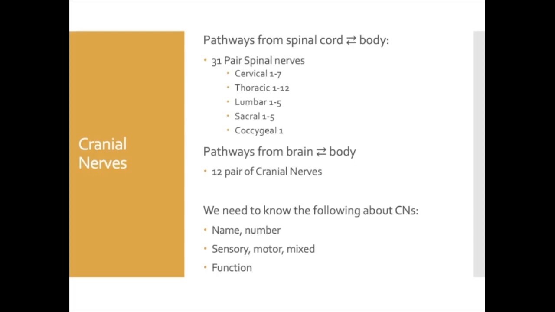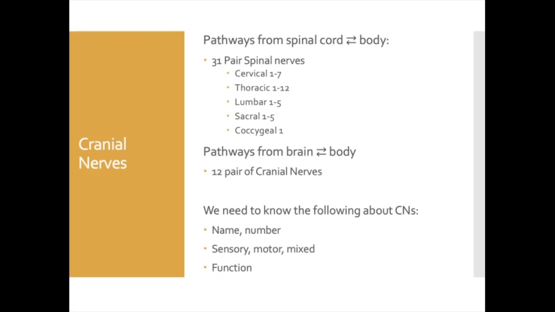Your peripheral nervous system is sending information to your central nervous system along afferent sensory pathways. Your central nervous system is interpreting all of that information and deciding on a response.